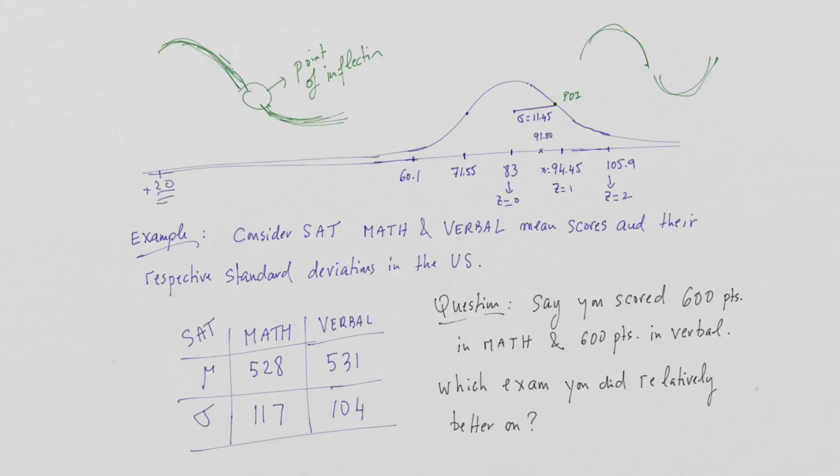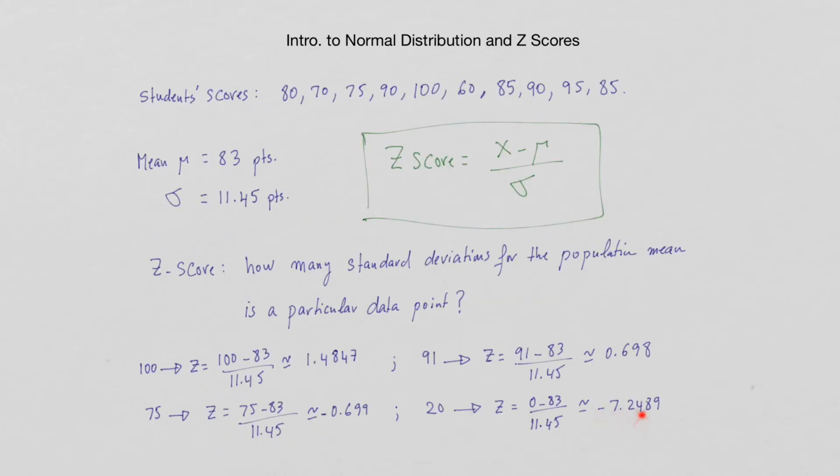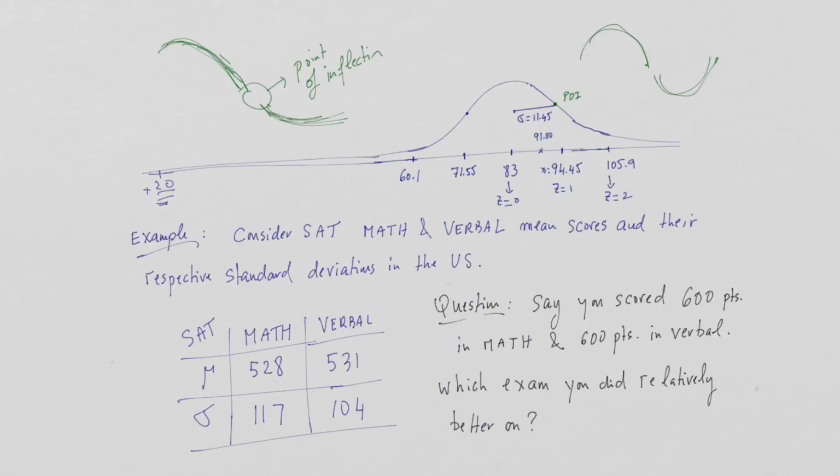It is so far away from 83, not just because 20 is 63 points below 83, but also because of the standard deviation. The z-score is negative 7.24. I have to go down more than 7 of those to hit 20. So 20 is a bad score, okay?